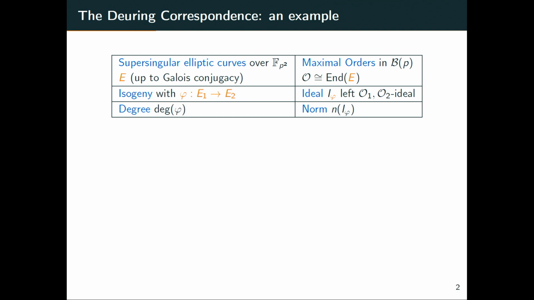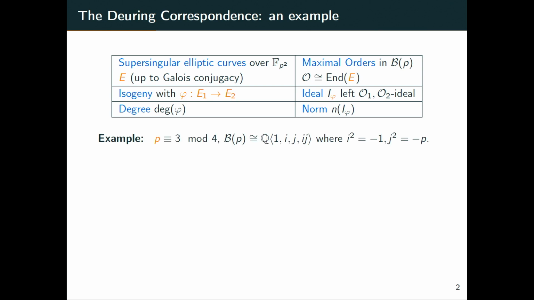Then I have the edges of my graph, which are isogenies and ideals. Finally, I have a notion that allows me to quantify the complexity of my objects, which in the case of isogenies is the degree. This is about the size of the object that we manipulate. On the other side, we have the norm. Once again, they agree, so everything behaves quite well.